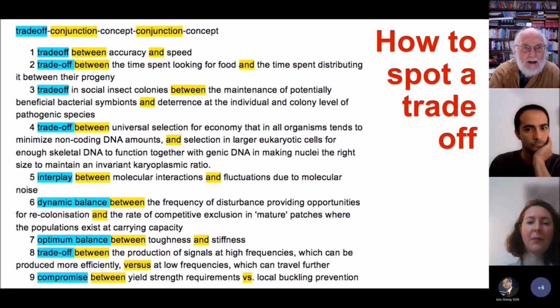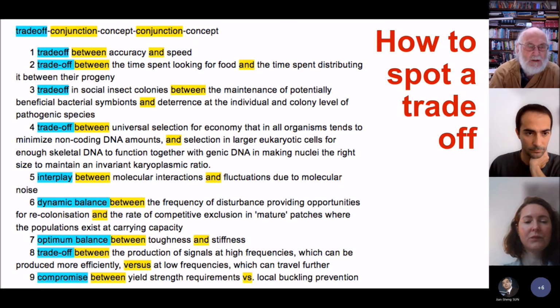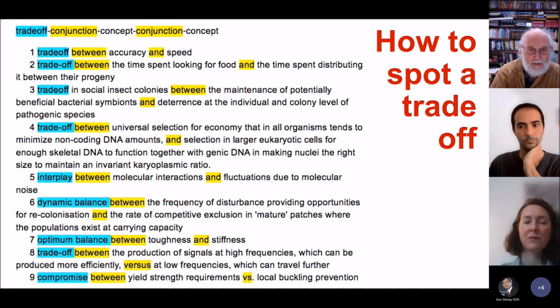And the between and the and are the important words to look for, and you can then see that they signify the two halves of the trade-off. I should add, by the way, that I'm looking at two-dimensional trade-offs here, and you can have any number of factors involved in a trade-off. So you have to be a bit careful.